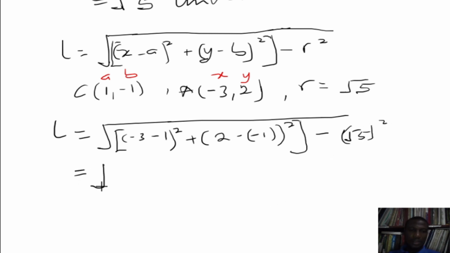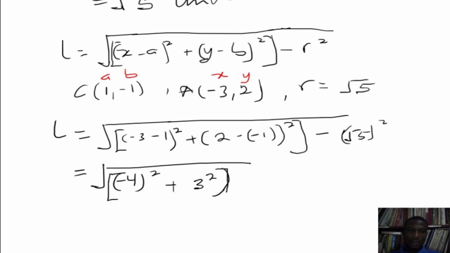And this gives us the square root of negative 4 squared plus 3 squared. Remember, the whole of this minus root 5 squared will give us 5.